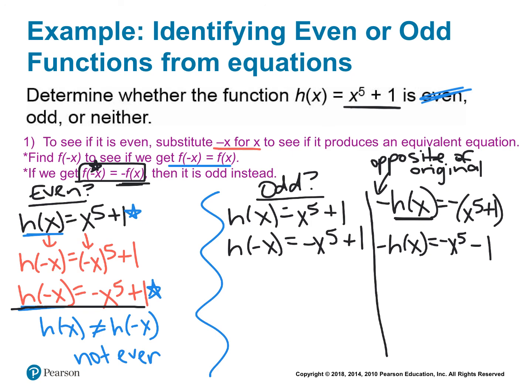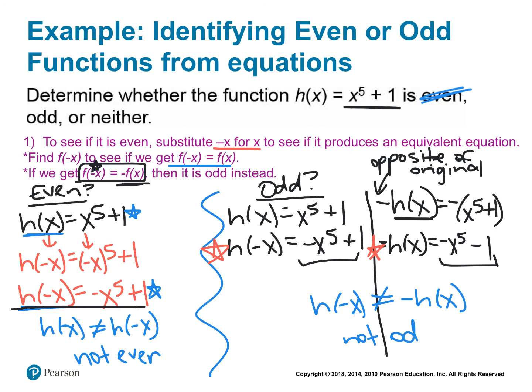Does my h of negative x equal my opposite of h of x? I'm going to cross that off. This is not the same as this. So h of negative x does not equal negative h of x. So it's also not odd. Therefore, it is neither.